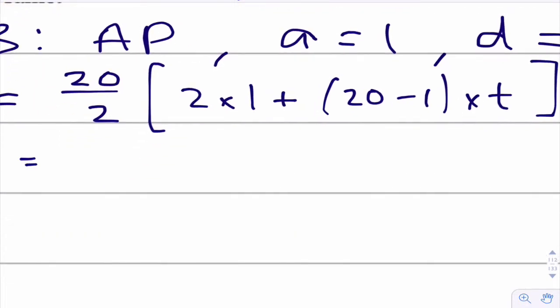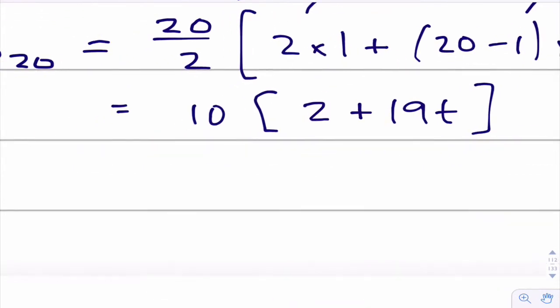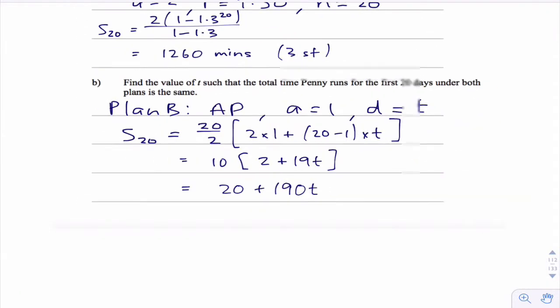Okay, cool. So we can work that out. That's going to be 10 brackets 2 plus 19t in brackets, which is a bit more simplifying, is 20 plus 190t. So that's the sum of 20 days using plan B.